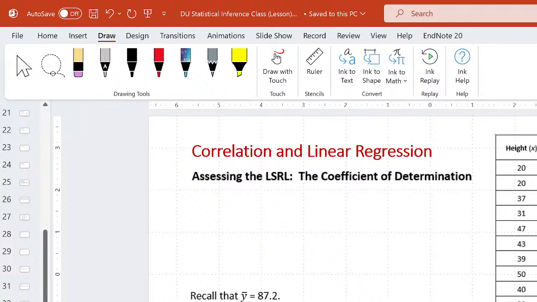Otherwise, it's going to be less than 1. That's another thing we use as a measure of how well the model did. The measure of how well the model works in predicting y is that ratio. Ideally, we want 1.